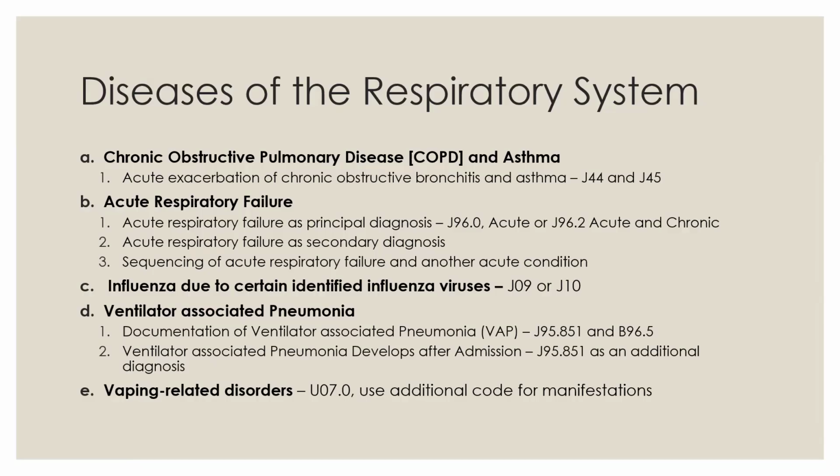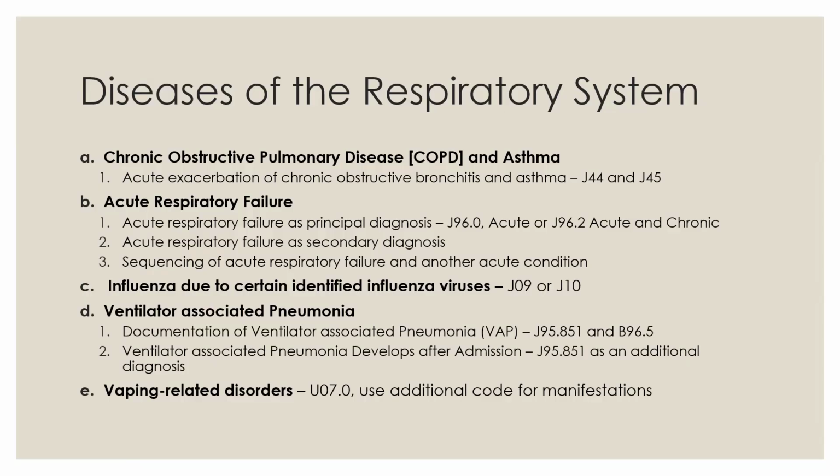An additional code to identify the organism, for example, Pseudomonas aeruginosa, for code B96.5, should also be assigned. Do not assign an additional code from categories J12 through J18 to identify the type of pneumonia.